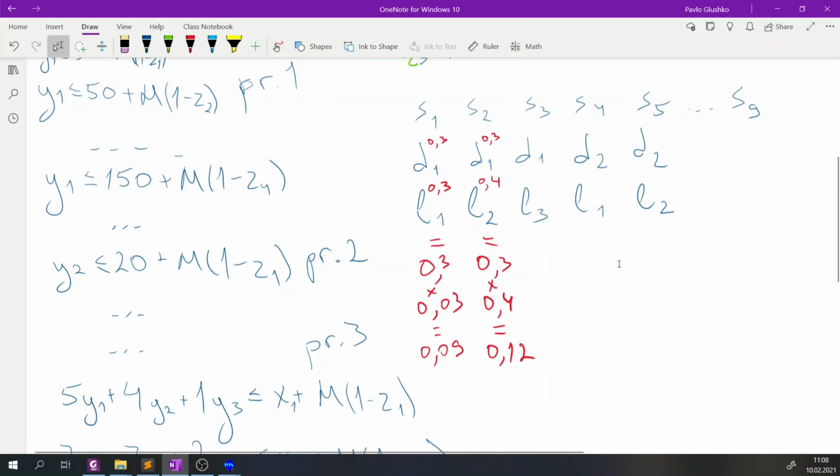We would have something like this. When we have D1, we have L1. When we have D2, we have L2. And when we have D3, we have L3.